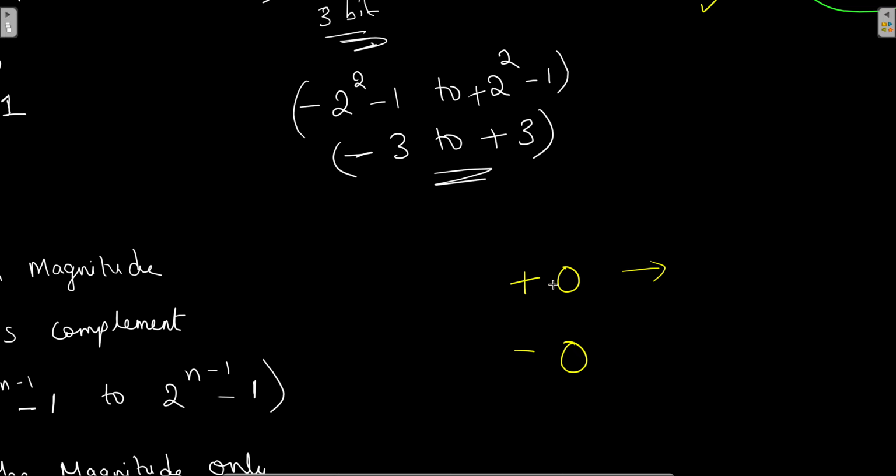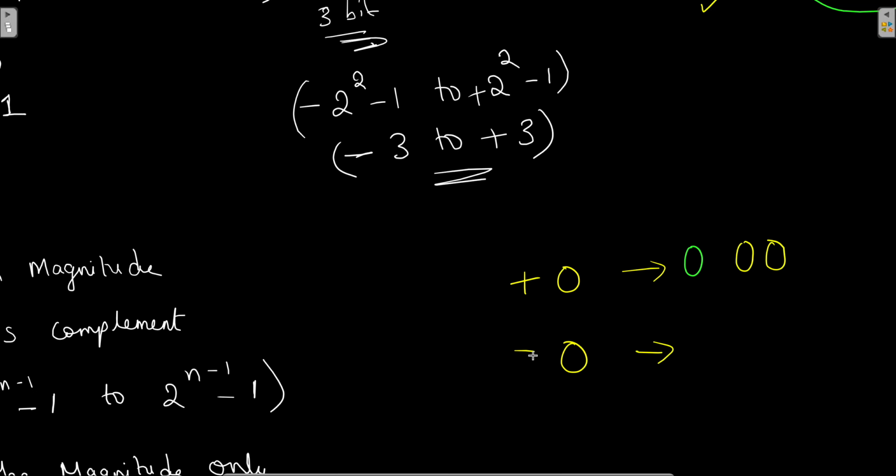For plus, I am considering the sign as 0, and the magnitude I am taking as 0 0.